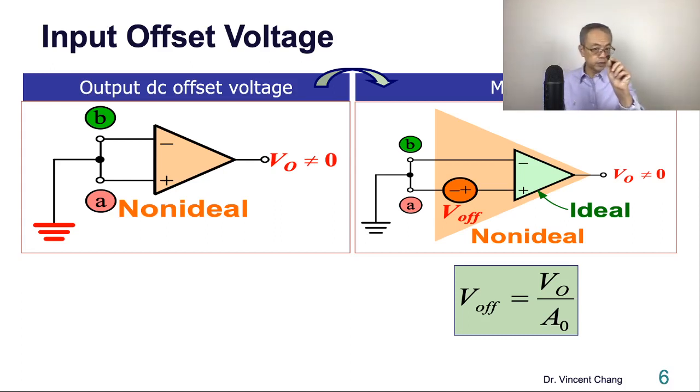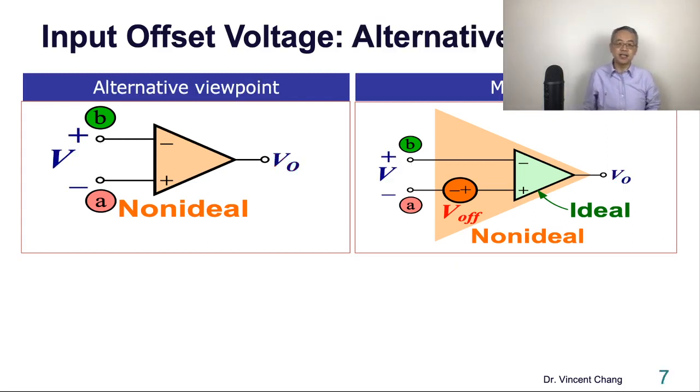Pay attention to the subscript. The numerator is O, DC output. The one in the denominator is 0. What does that 0 mean? A0. What is the A0? 0 means frequency equals 0, meaning the DC gain. Low frequency gain is the DC gain.